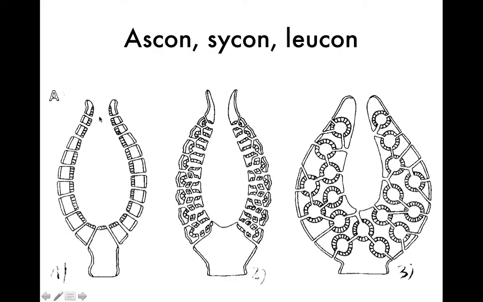And imagine we took a bunch of these ascon sponges and sort of stacked them up on top of each other. That's what we'd be seeing here with this syconoid sponge. And then leuconoid sponges are even a bit more complicated than either the asconoid or the syconoid sponges. So the leuconoid are the most complex type of sponge. So we can remember ASL is the order from the simplest to the most complex body plan in sponges.